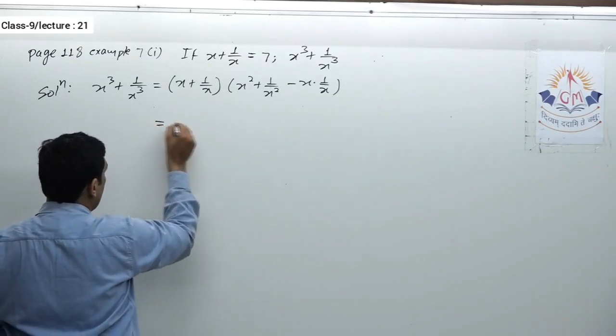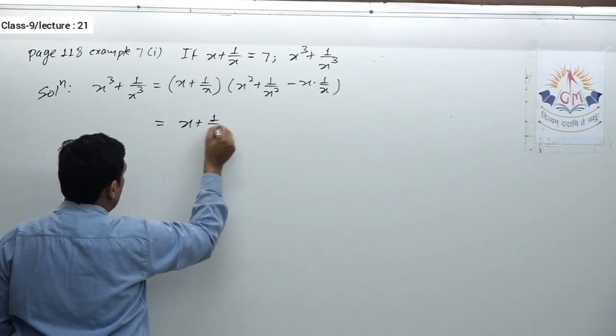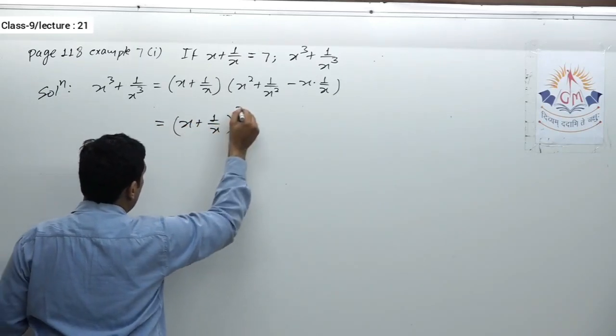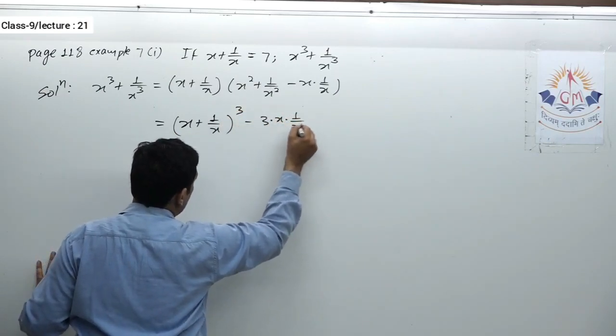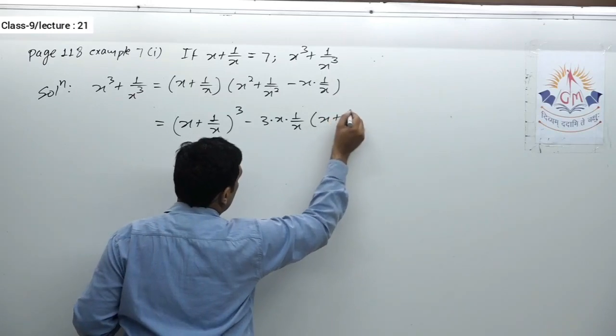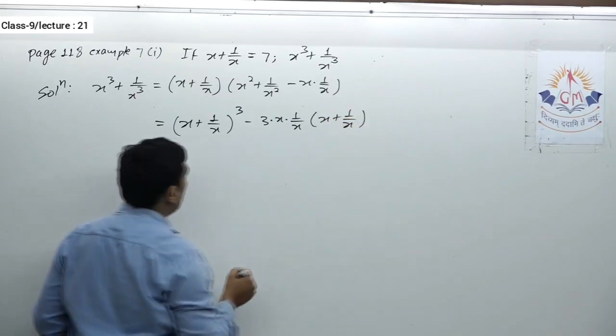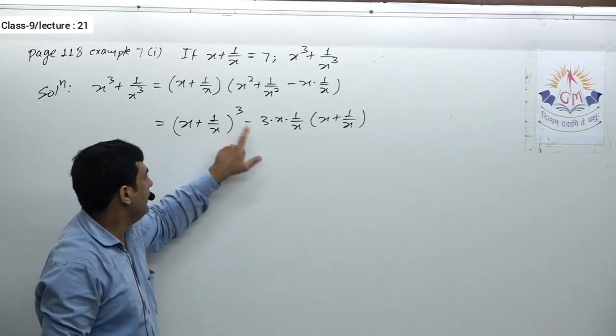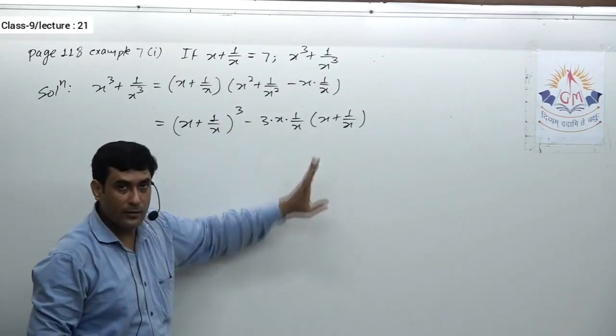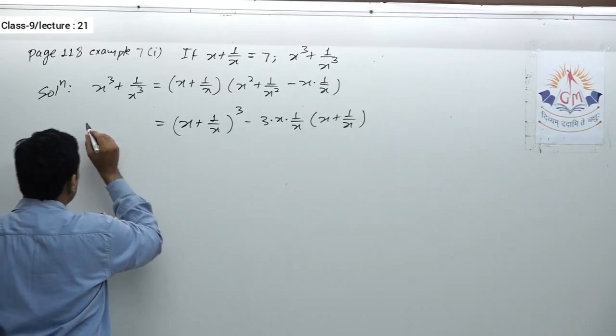But if I use the second identity, that is a plus b whole cube minus 3ab into a plus b, it will obviously take less time because x plus 1 upon x is given directly, as well as here this will cancel out. So definitely I will go with this.